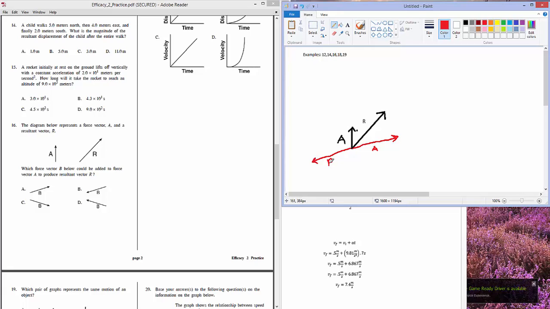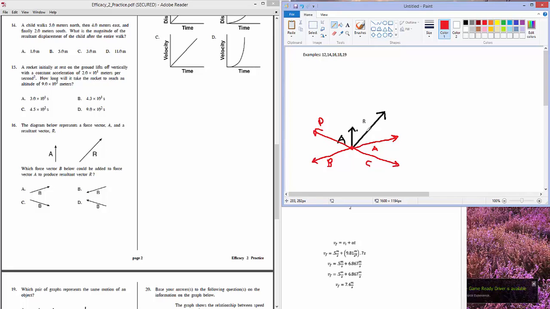Then choice C is saying that the vector is going down like that. And then D says the vector is going out like that. That's our D choice. You always have to remember you draw it from the origin point where all the vectors connect.